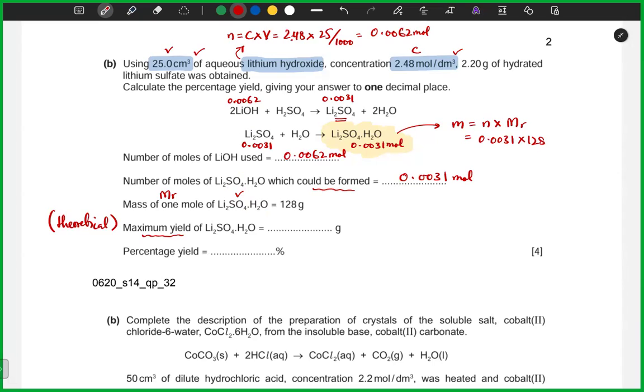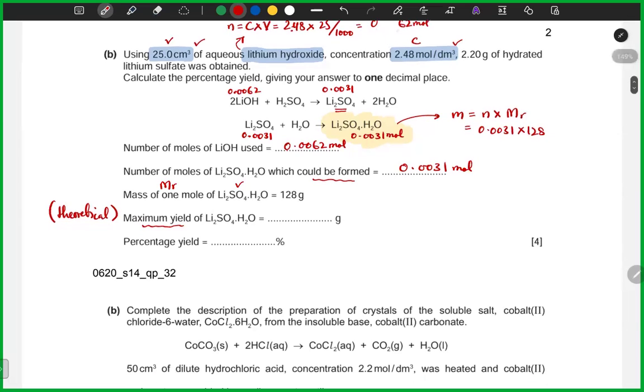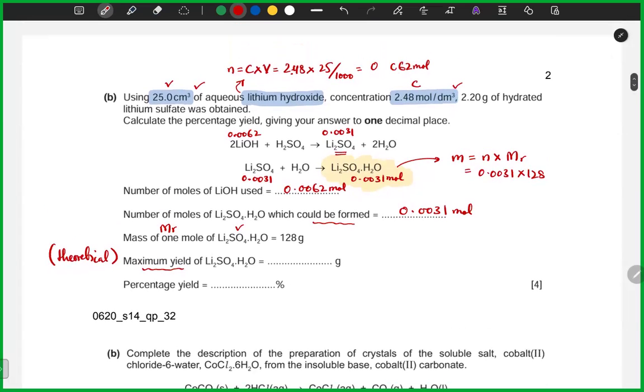One second, did I do something wrong? 2.48. Let me just start. Do the first 2.48 multiplied by 25 and divided by 1,000. I made one mistake over here. This is not 0.0062. It's actually just 0.062. Correct this. So this in the middle is also wrong, so I have to correct all of these.